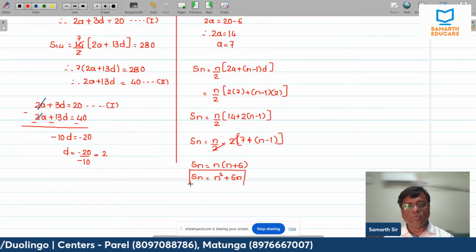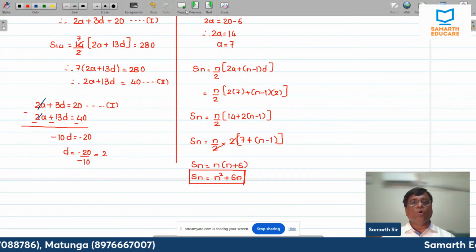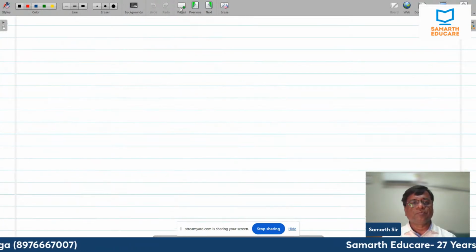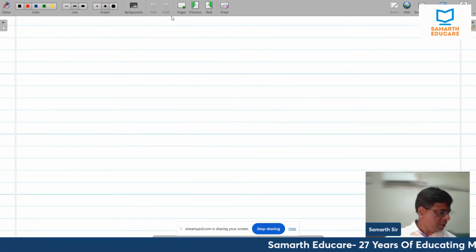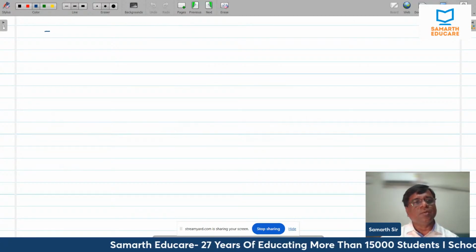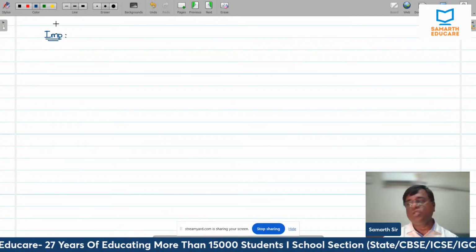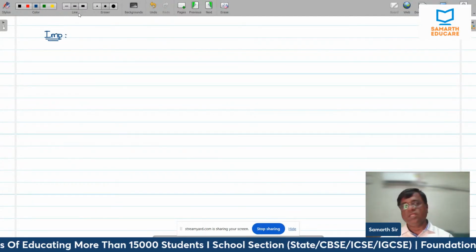In fact, if you observe this, always remember that if you are looking at the nth term of an AP, this is important for MCQs, only for MCQs, not for anything else.